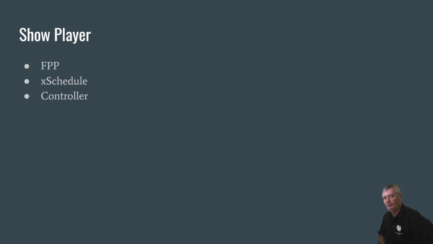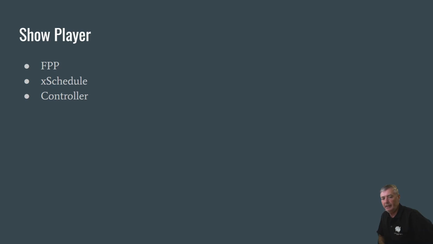If you're running some of the controllers, things like Pixies and the like, which again I would not recommend, but if you are running Pixies, then you basically have to use xSchedule because FPP doesn't support the Pixie protocol. So you don't have a lot of option there, but there are other reasons why people also choose to use xSchedule.